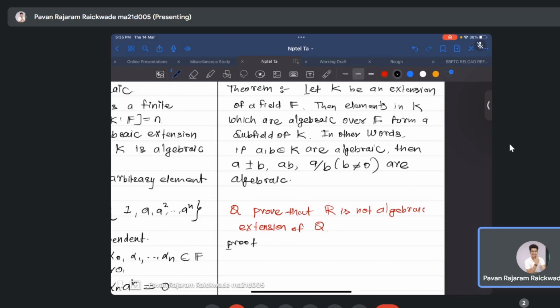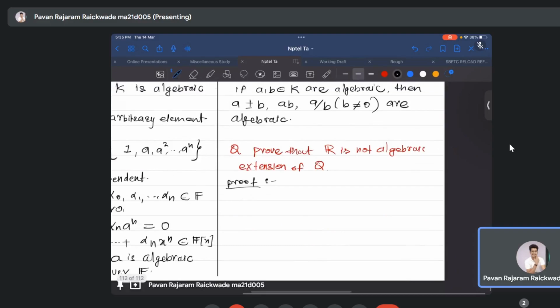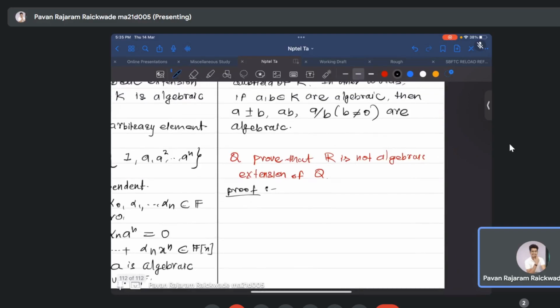Proof. So how will you prove this? What I will do is prove that the collection of all algebraic elements in R over Q is countable. If I am able to show that, then it cannot be the whole of R, because R is uncountable. So that will be my proof.